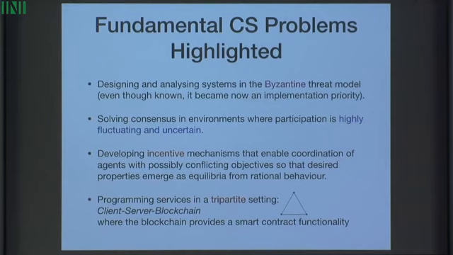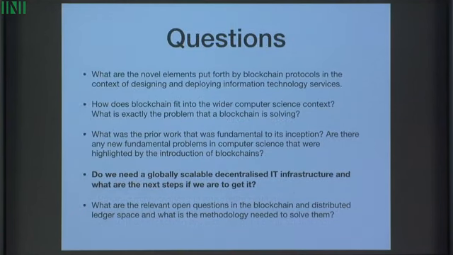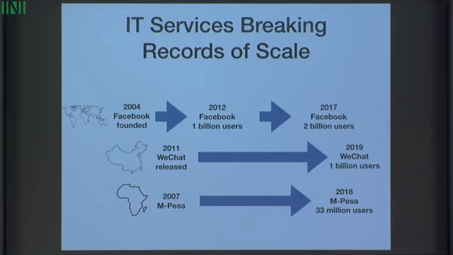So this client-server-blockchain programming of services is in itself a very interesting question: how is it possible to write applications effectively that use the blockchain as so-called smart contract functionality? So these are the new questions, and now I'll just make a little bit of an advocation for why a globally scalable decentralized IT infrastructure might be needed and what we should do about it.